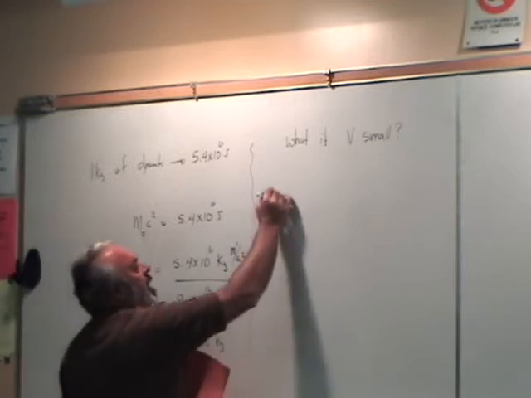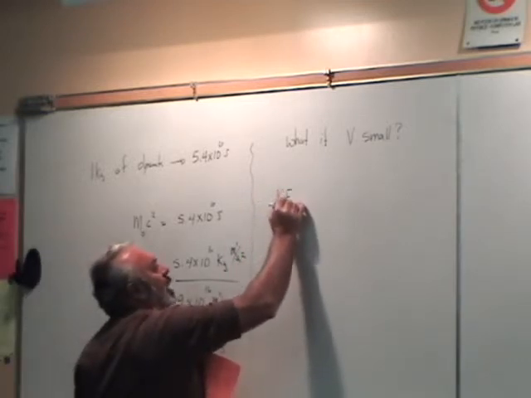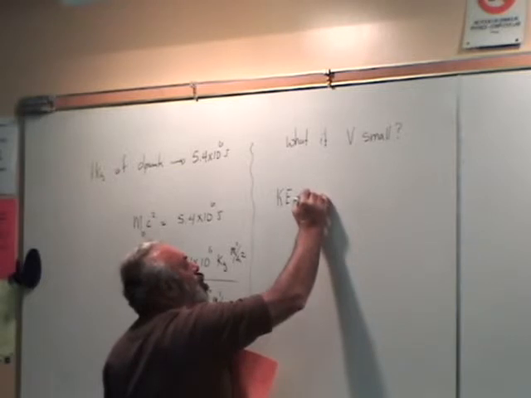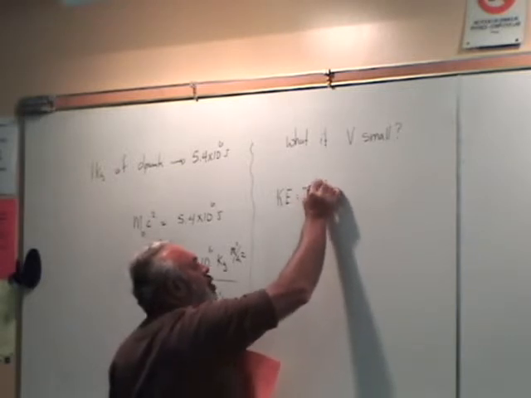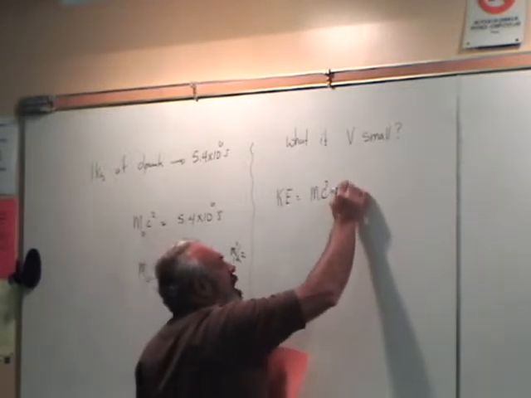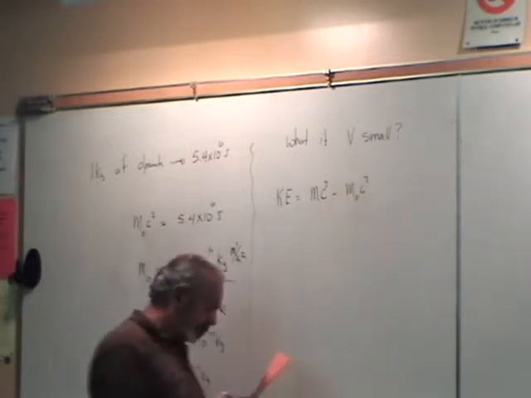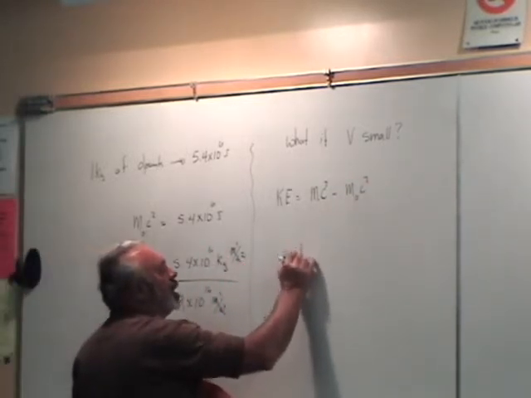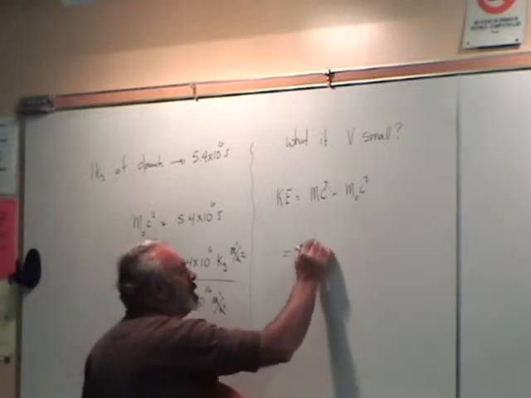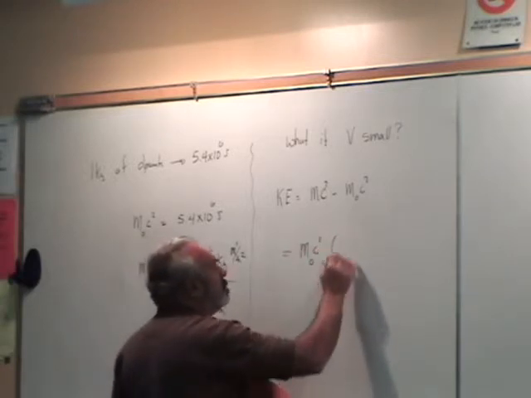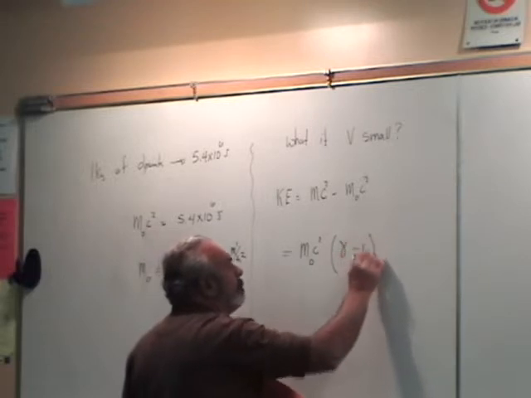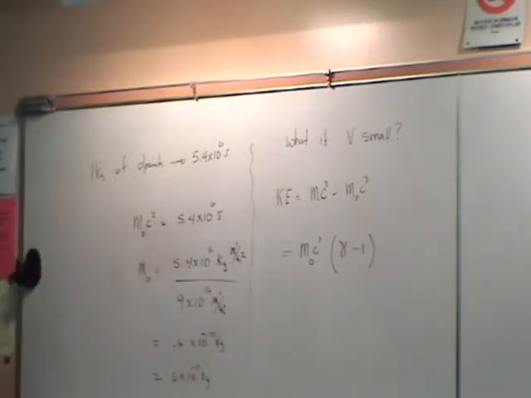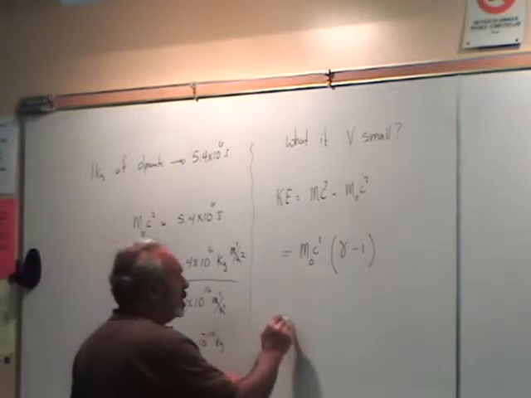You already know that kinetic energy, relativistically speaking, is total energy, mc squared, minus rest energy, m naught c squared. Which, of course, could be written as m naught c squared times gamma minus 1. Let's fill in for gamma a little bit at least.